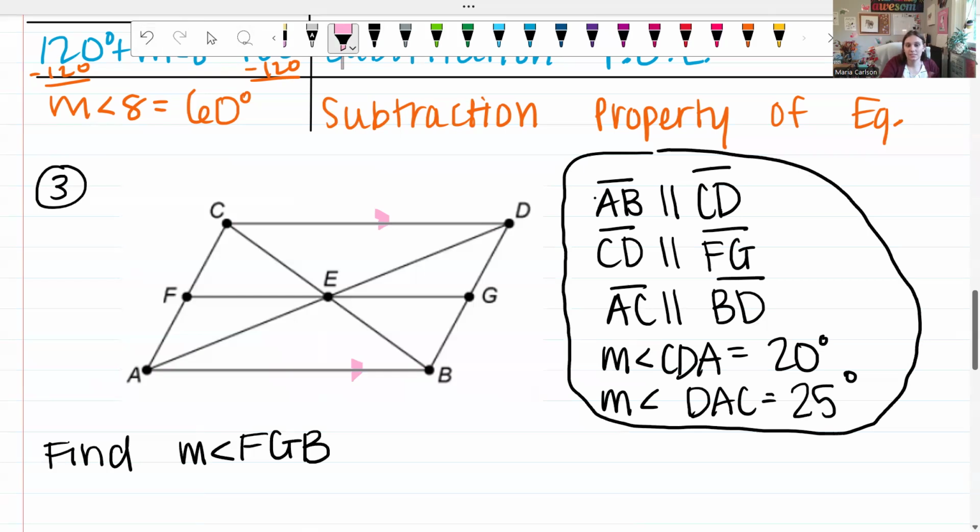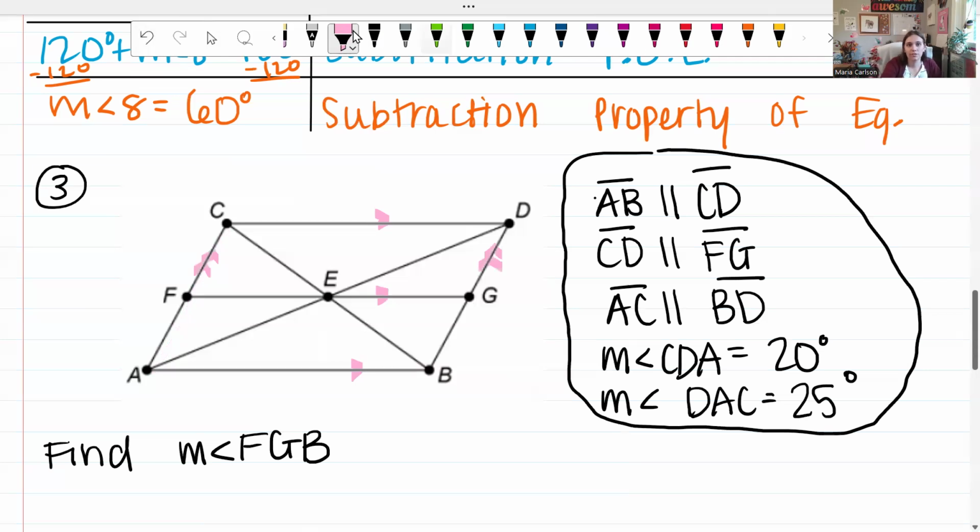And CD, the top segment, is parallel to FG. So by transitive property, we can deduce that all three of these are parallel to each other. And then we also know that AC is perpendicular to BD. Or not perpendicular, sorry, parallel.